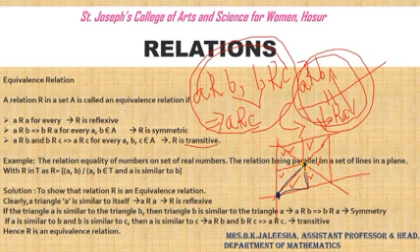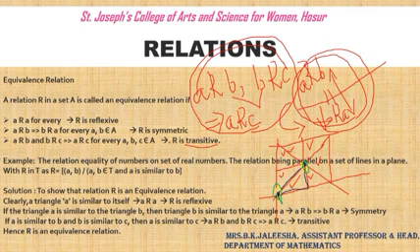This is the first point and this is the second point. If those two elements are related, meaning the elements are from capital T, then the property is that those two points should be in the similar form. Those two should be from similar triangles.